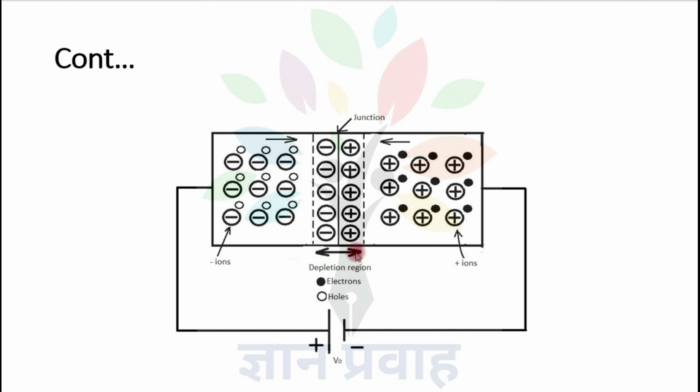So current conduction is there in case of forward bias because the charge carriers easily move through this junction because the depletion region width is very low, or the barrier potential is very small in case of forward bias. So once this barrier potential is overcome by this battery, then there is current conduction.